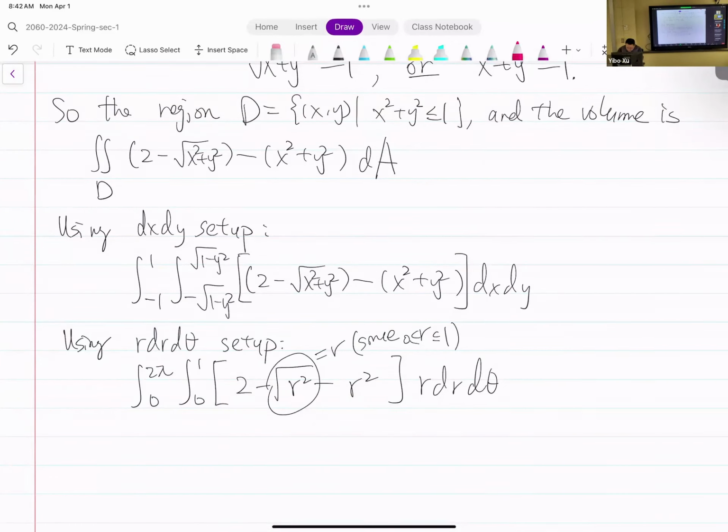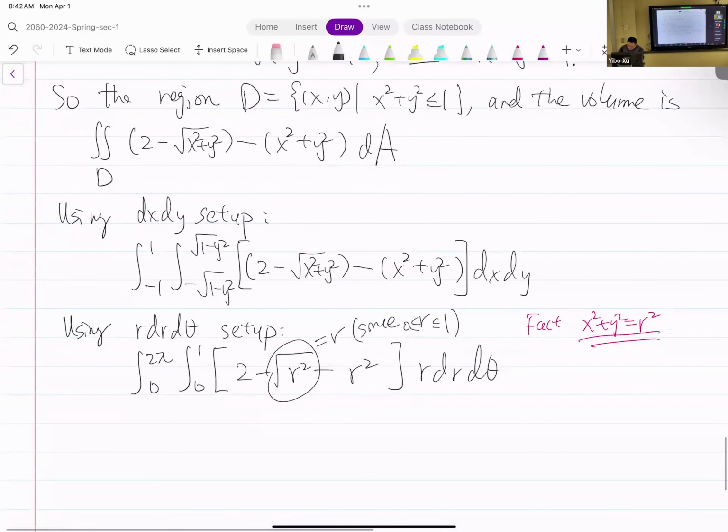So we use the fact that x squared plus y squared is replaced by r squared. This is the way that we get rid of the variables within the expression.